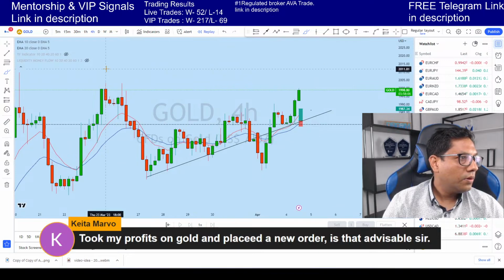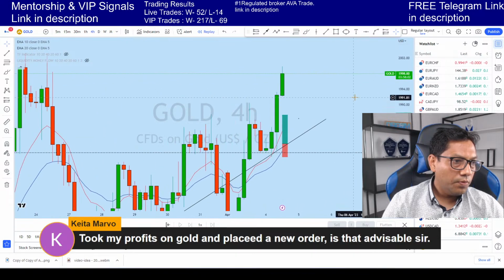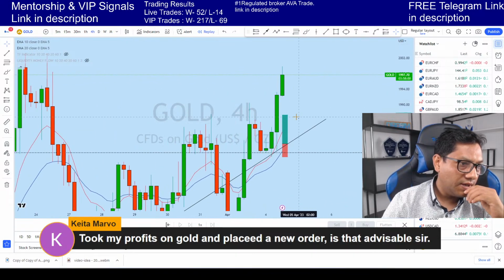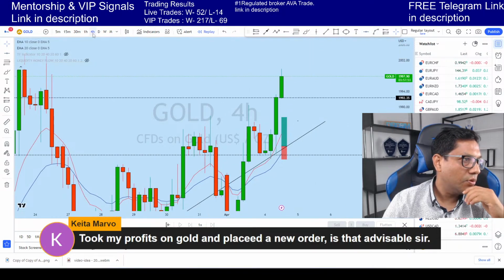Okay, so from the 4-hour we saw initially a move. Now the way this candle has formed, we want to see the price come to pull back to this support.